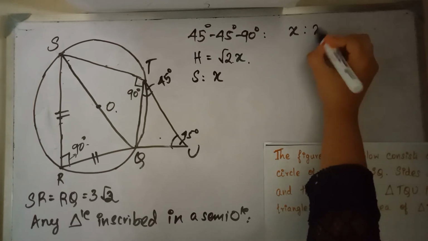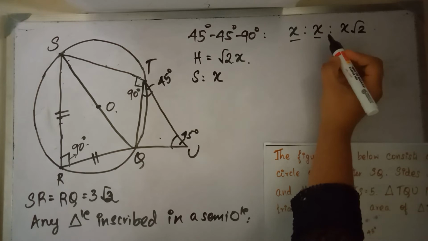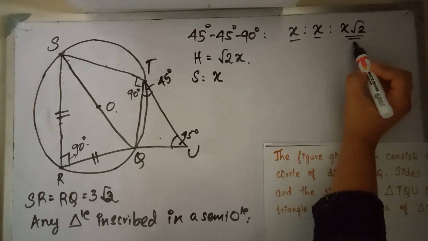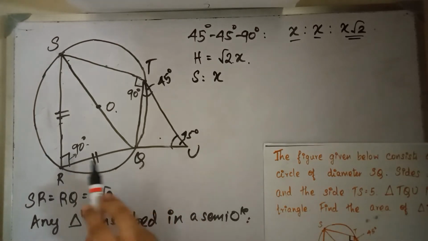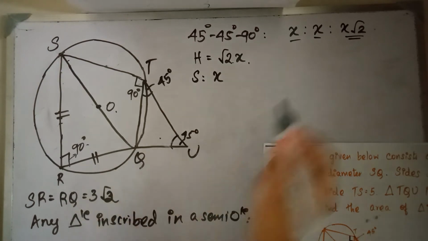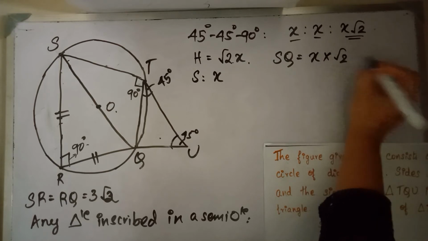Its sides will be in this ratio. These two are the equal sides because it's an isosceles triangle, and the other side, which is the hypotenuse, will be x into root 2. So where's the hypotenuse of this triangle? It is the diameter of the circle. So SQ will be equal to x into root 2.